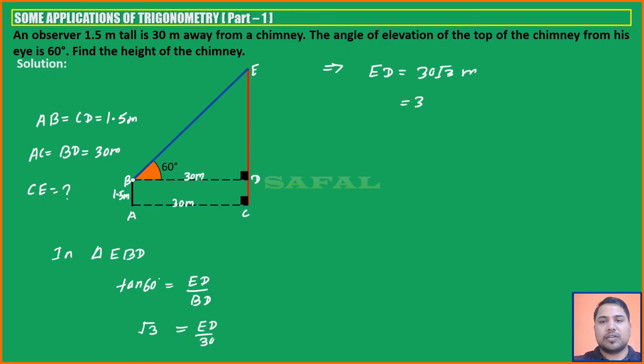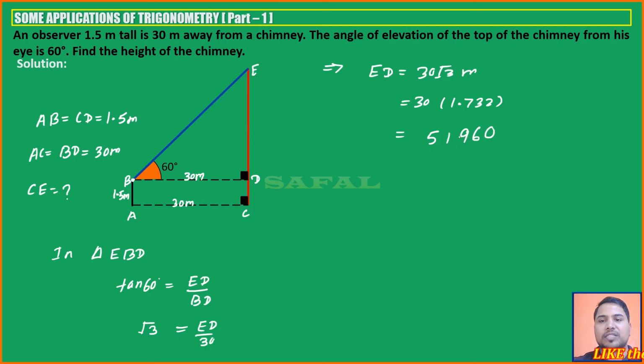So 30, now root 3 we know is 1.732. So 3 twos are 6, carry is 6. Again 3 3s are 9, plus 6, 9 and 6 is 96, carry is 9. And 3 3s are 9, plus carry... 210. And 210 plus 9, 219. So carry is 21. So 30 plus 21 is 51.